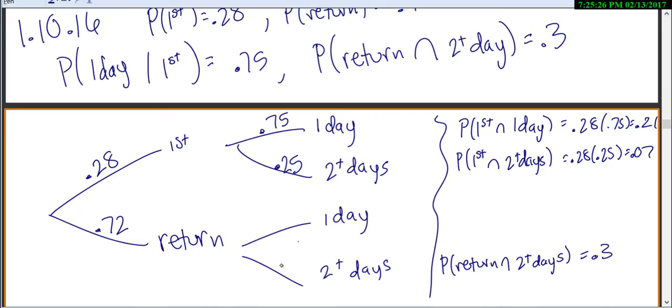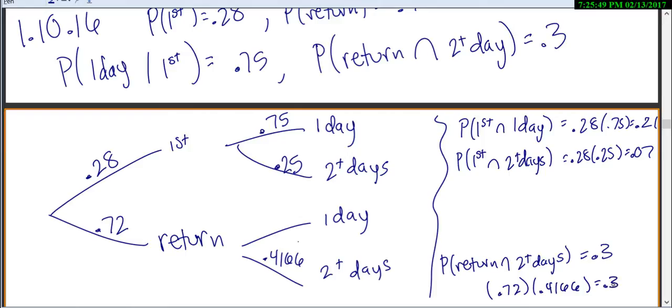We would just divide, right? So 0.3 divided by 0.72 is 0.4166. Okay, so we could get this by 0.72 times 0.4166 equals 0.3.